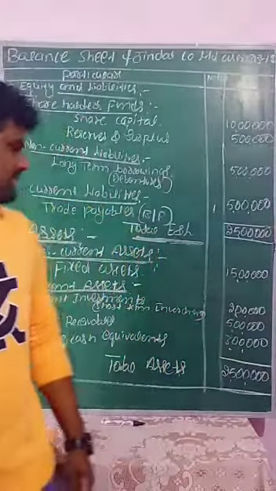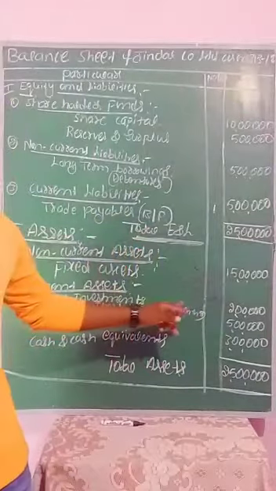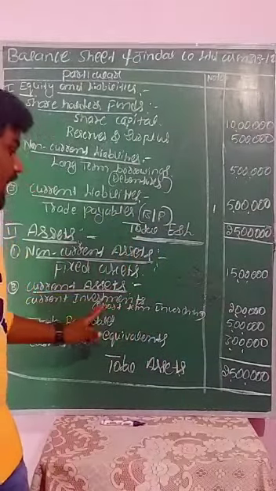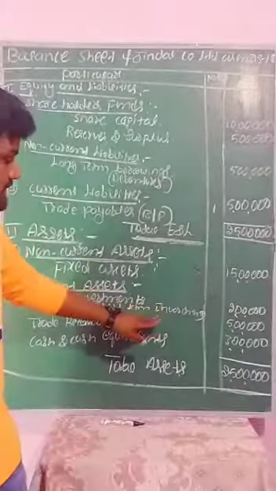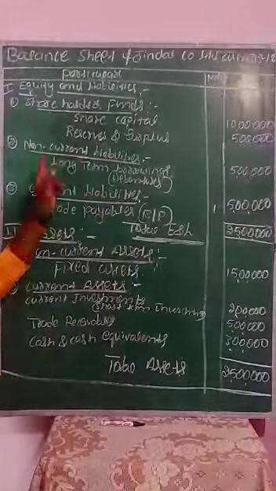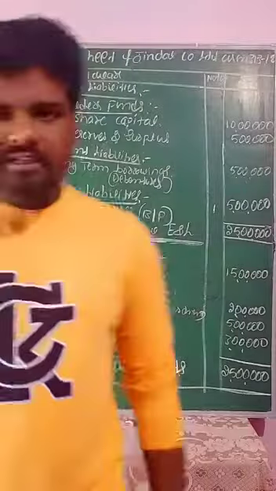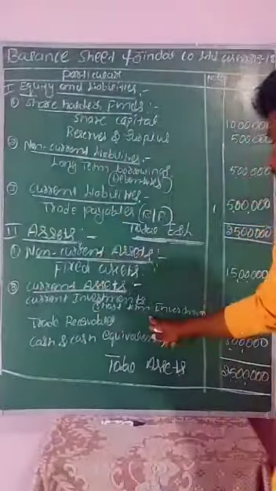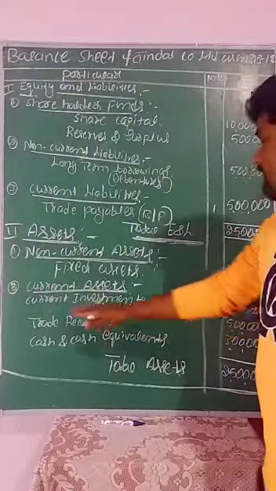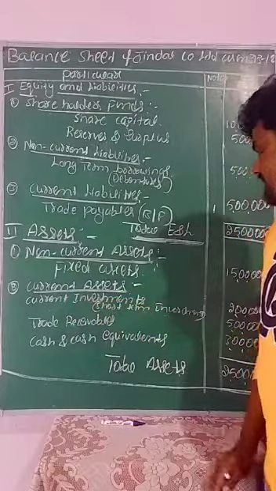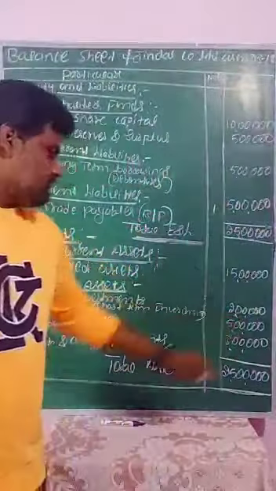Short-term investments means nothing but current investments only. Suppose it were long-term investments, then we would record it under the non-current assets. But here they have given short-term investments, right? That short-term investments we can call current investments. Those current investments are 2 lakhs rupees, which we record.